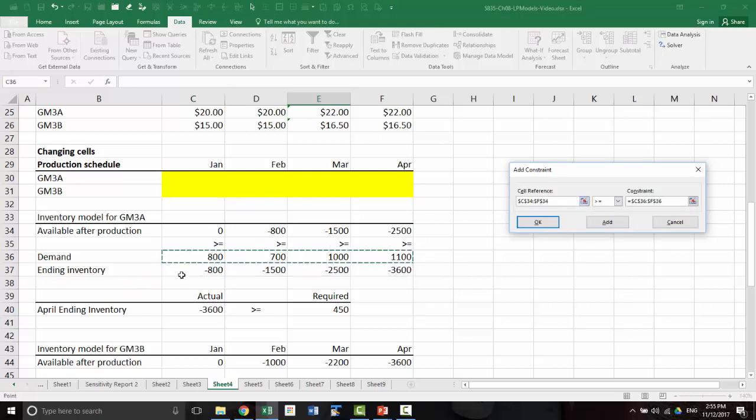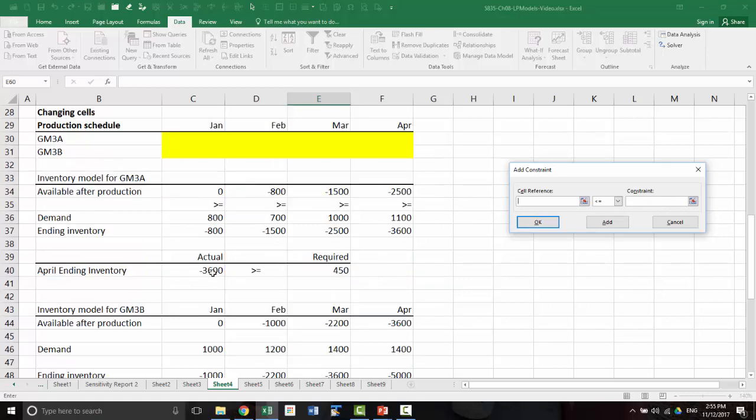And this is the same as saying ending inventory greater than or equal to 0. Add, and then April ending inventory must be greater than or equal to the required. So that's for motor GM3A.